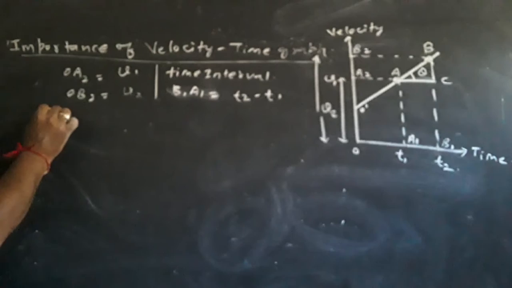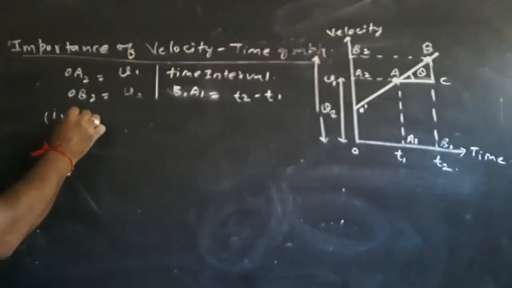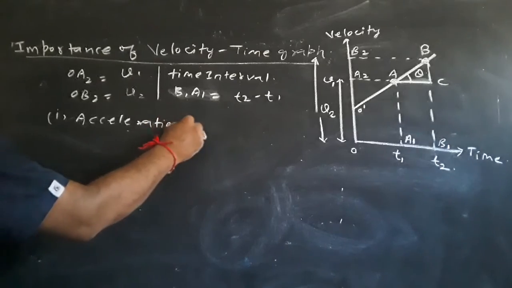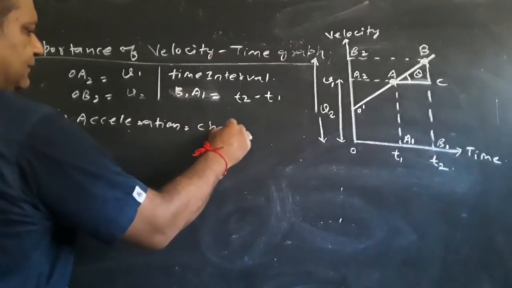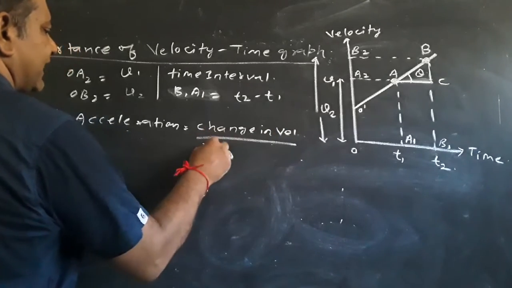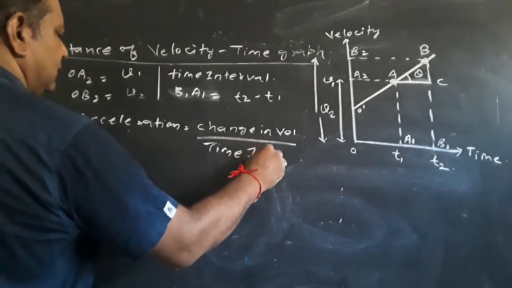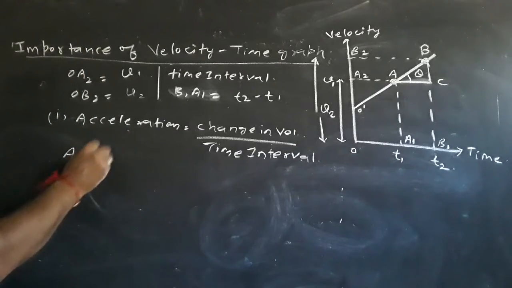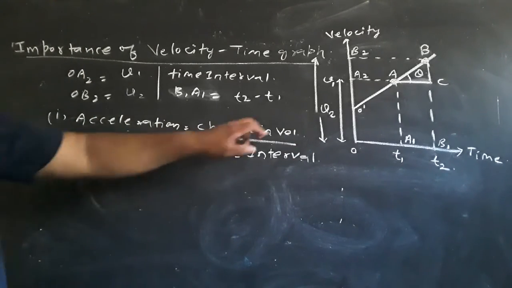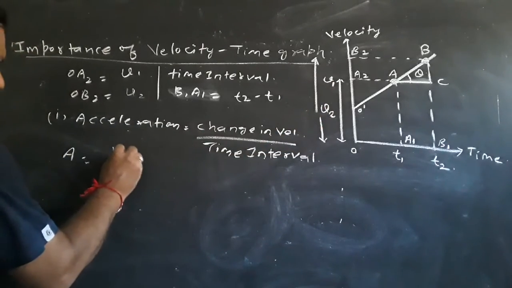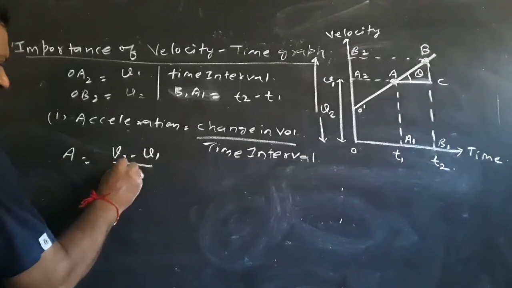Now from the velocity time graph we can calculate acceleration. We know acceleration is change in velocity upon time interval. Acceleration is change in velocity, that is final minus initial, v2 minus v1, upon time interval, that is t2 minus t1.